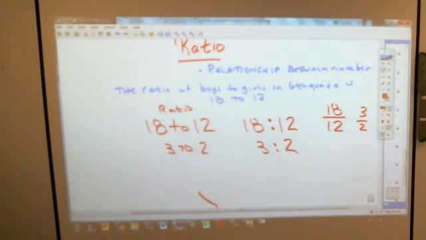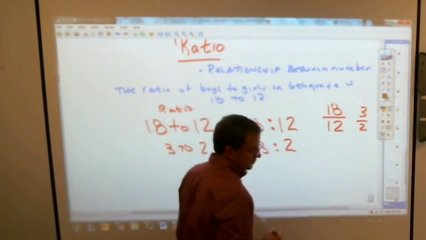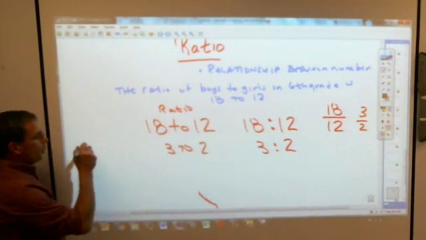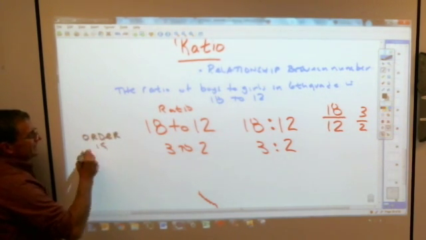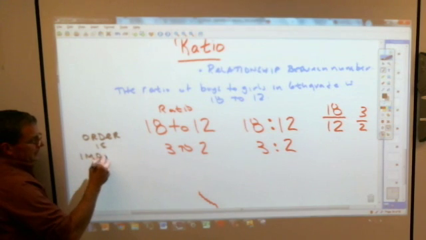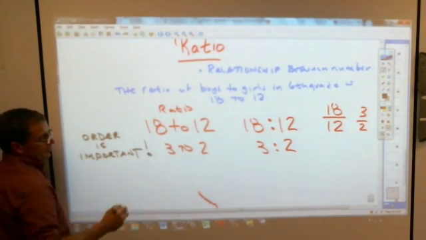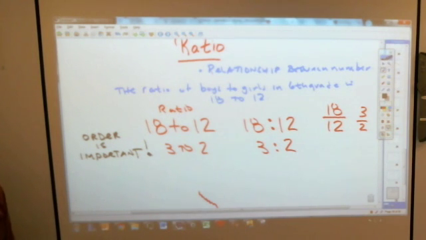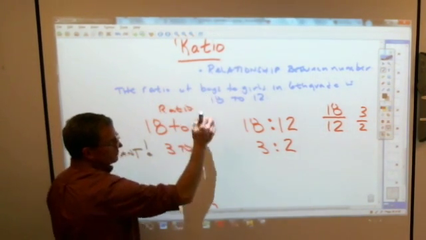Okay, so now here's an important thing to remember, ladies and gentlemen. This is where most people go wrong. Order is important. And by that, I mean this. The ratio of boys to girls.